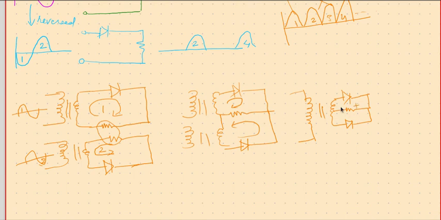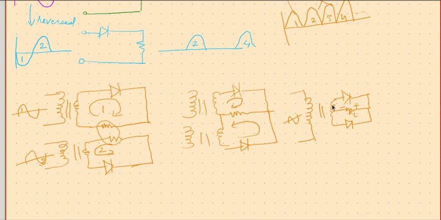So all the time this is the polarity across this load, and you get this output all the time. So the input applied is some 220 or 110 volts here. This transformer is going to create two voltages, 5 volts each. So one gets plus 5, one gets minus 5 because of this center tapping arrangement.